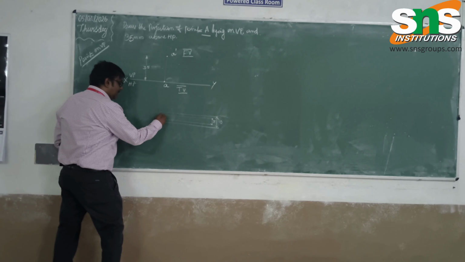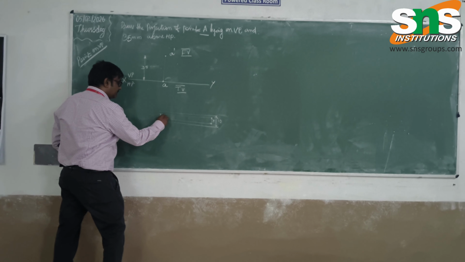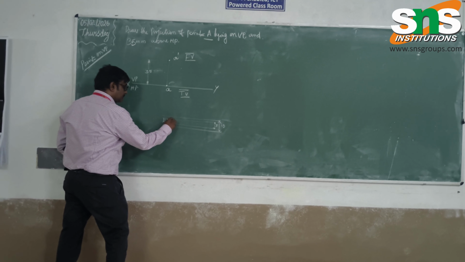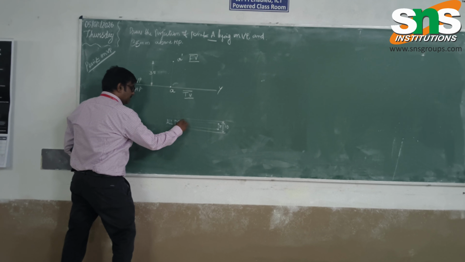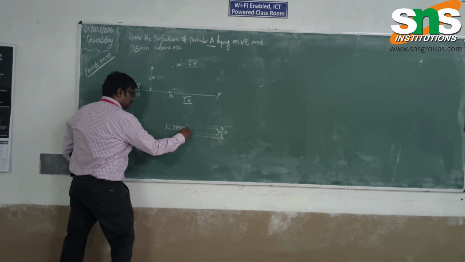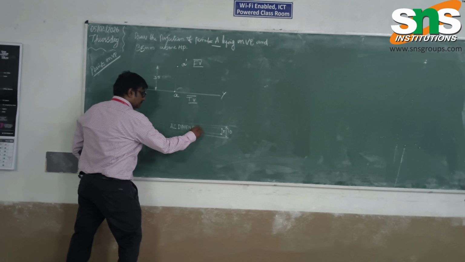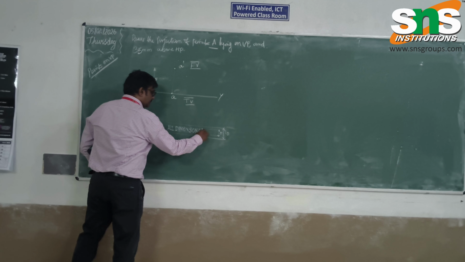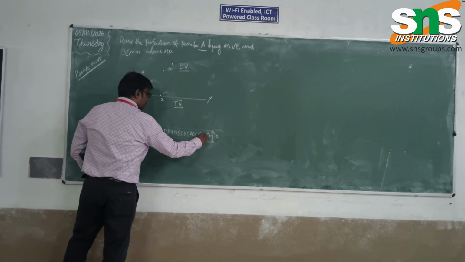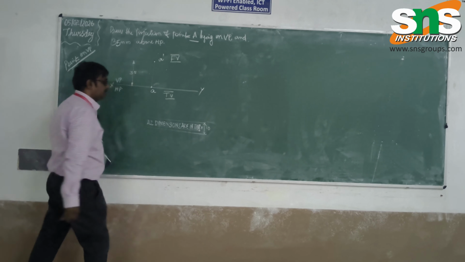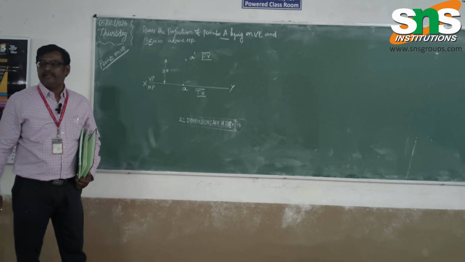Here, in capital letters, you have to write: all dimensions are in millimeter. You have to indicate like that.